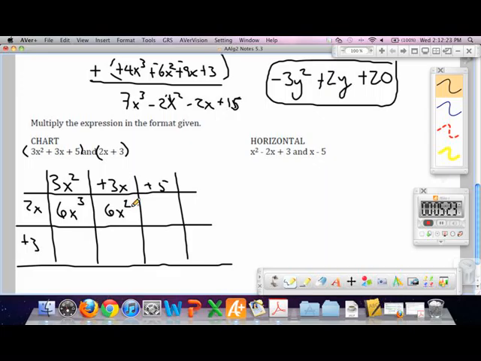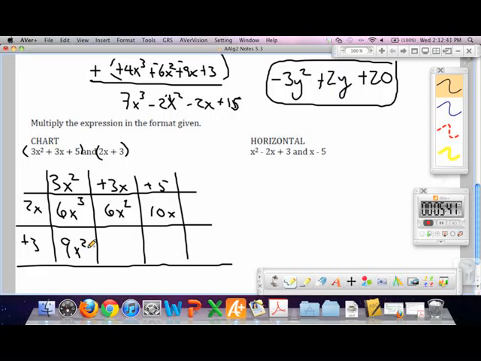And now I'll repeat with the second row. So 3x squared times 3 is 9x squared. 3x times 3 is 9x. 3 times 5 is 15.